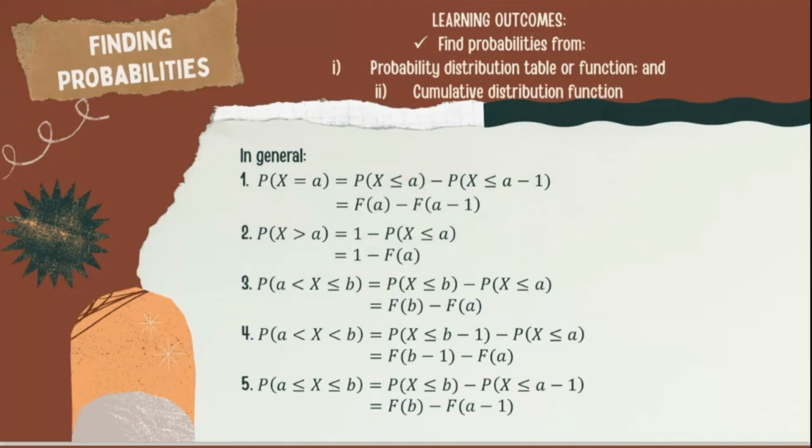Okay, contohnya seperti ini ya. Let's say kita ada 1, 2, 3, 4, 5. So this is my X. Okay. And then I have the probability dekat bawah ni, P of X equals to Xi.